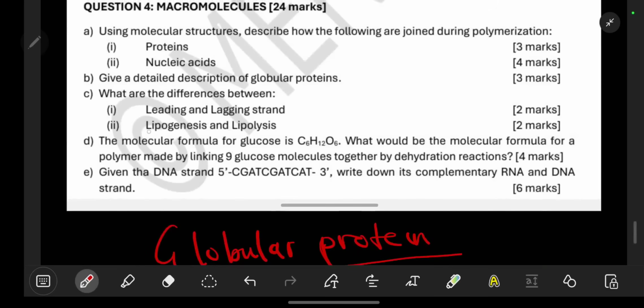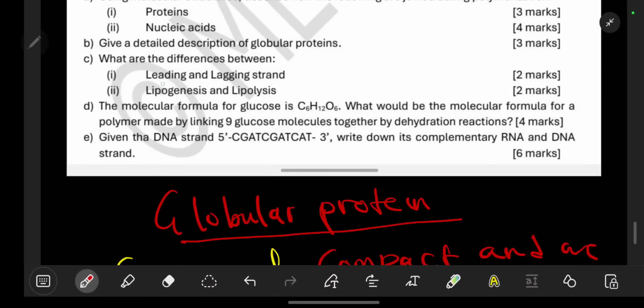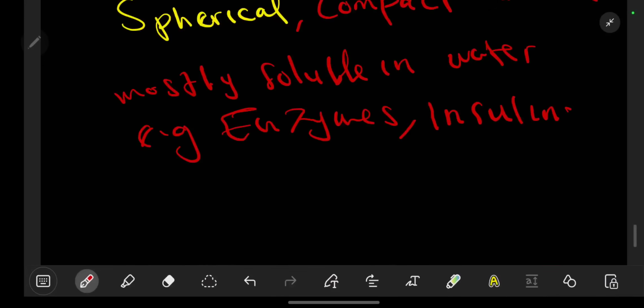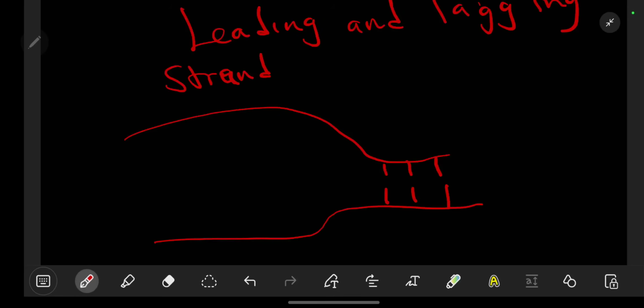Let's move on to the difference between the leading and lagging strand. Let's say the DNA is being opened in this direction. The structure of the DNA, if you recall, looks like this. Now let's say the DNA is being opened in that direction, what happens?